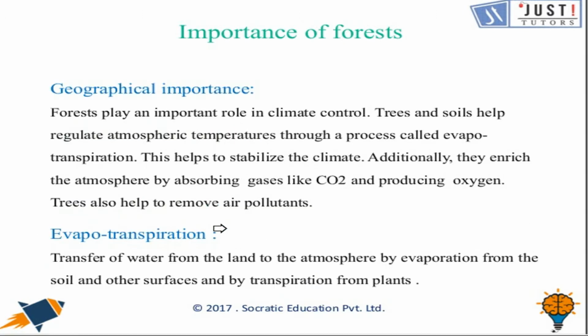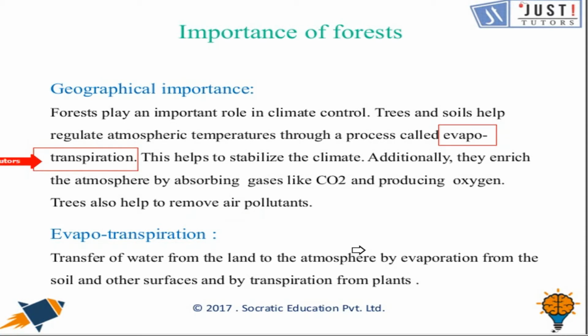Moving on, what is the geographical importance of the forest? Forest plays an important role in climate control. Trees and soils regulate atmospheric temperature through a process called evapotranspiration. You must have heard of evaporation and transpiration, so here we have a combined word, evapotranspiration. This helps to stabilize the climate.